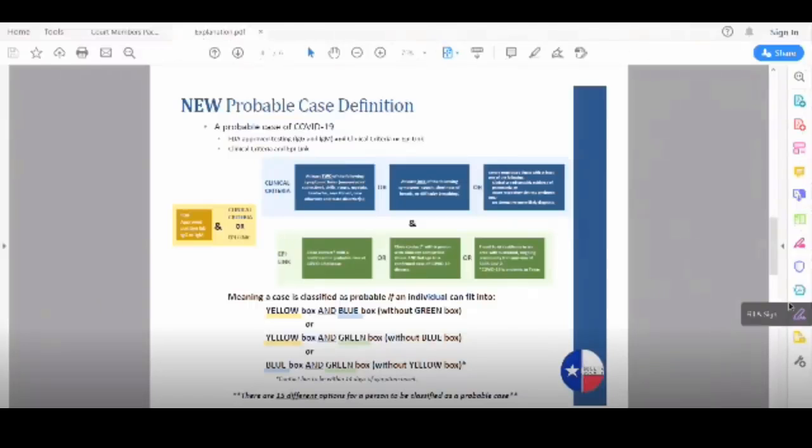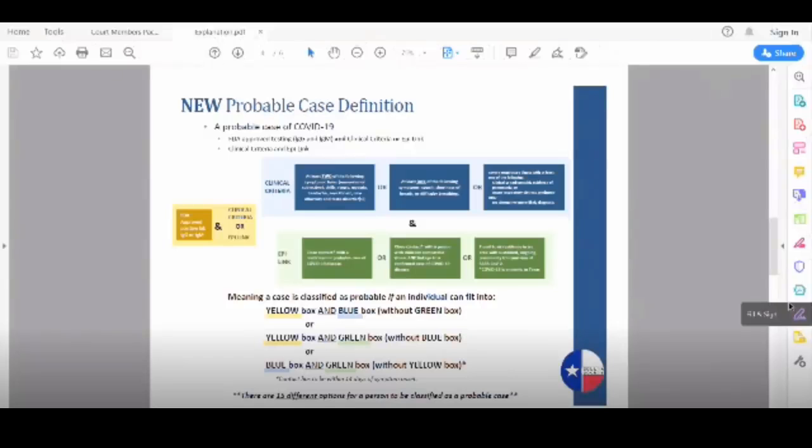The clinical criteria that they have defined is at least 2 symptoms of fever, subjective or measured, chills, rigors, myalgia, headache, sore throat, new smell and taste disorders, 2 of those, or 1 of cough, shortness of breath, difficulty breathing, or evidence of pneumonia without an alternative diagnosis and severe respiratory distress.